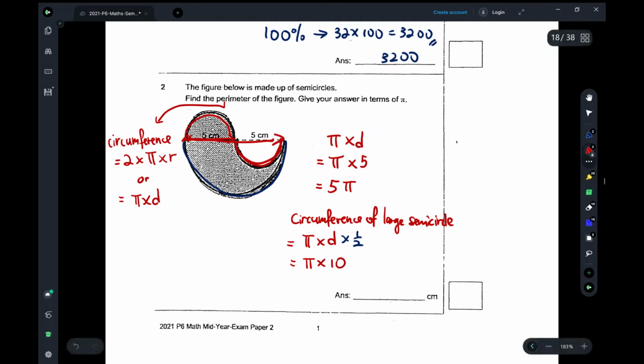So 10 times half is 5, then all the top parts multiply together. Pi times 5 times 1 gives you 5 pi. Lastly, not to forget to add everything together. So 5 pi plus 5 pi gives you 10 pi. So 10 pi cm. Just put a bracket over there.